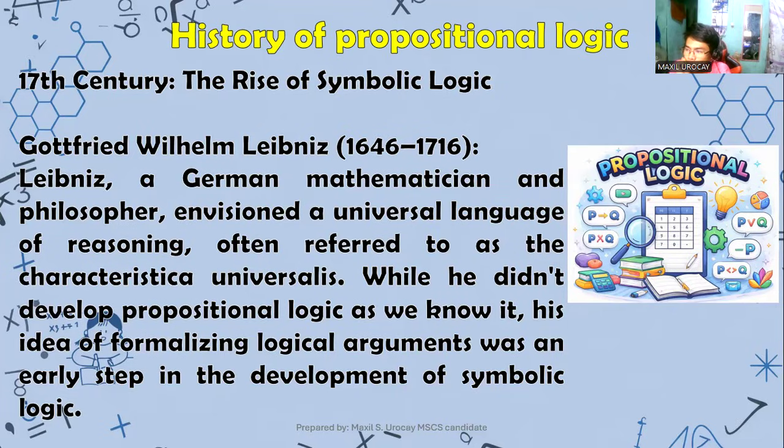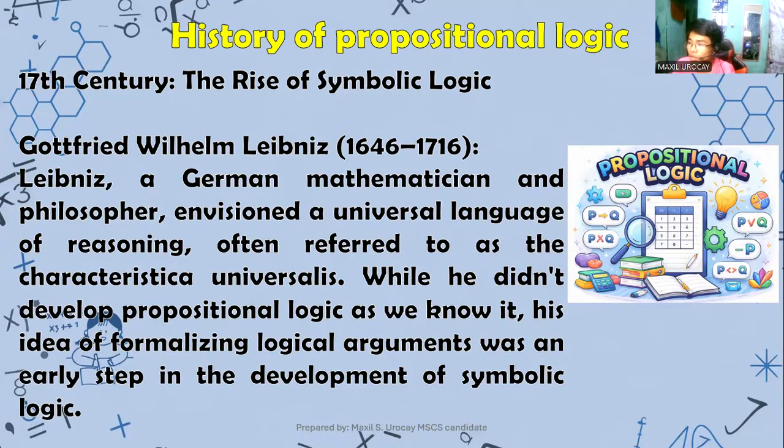He was a German mathematician and philosopher who envisioned a universal language of reasoning, often referred to as the characteristica universalis. While he didn't develop propositional logic as we know it, his idea of formalizing logical arguments was an early step in the development of symbolic logic.